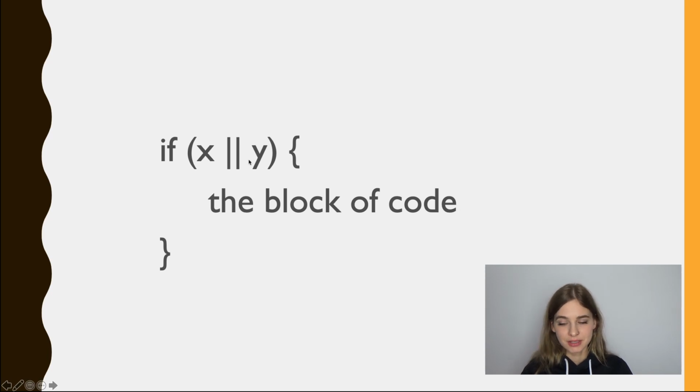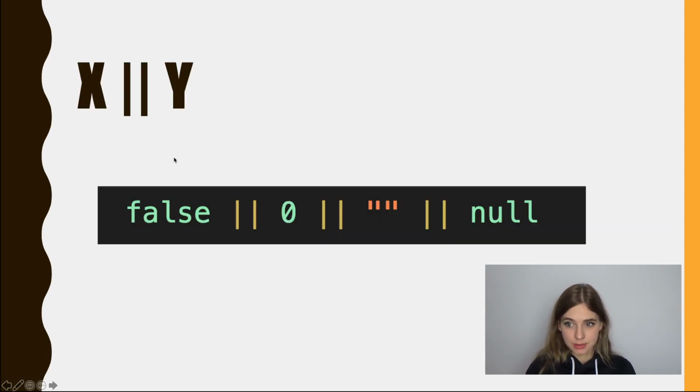But if it doesn't, we can put an else after the curly braces, and in another pair of curly braces include the block of code that should be executed if this statement doesn't evaluate to true.